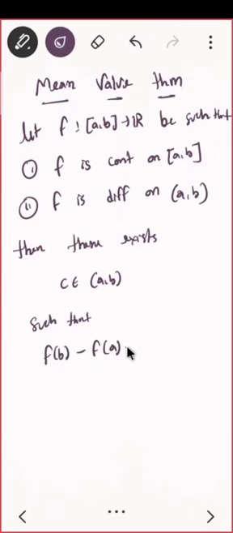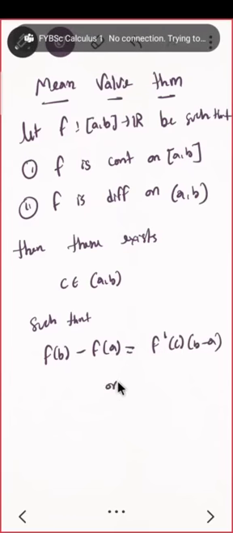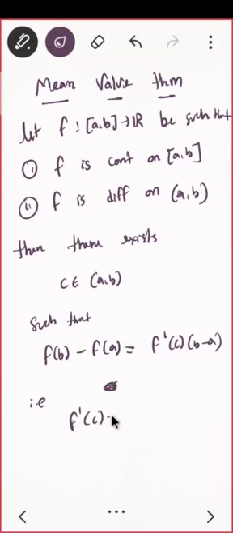I prefer this one, it is nicer. f of b minus f of a is the same as f dash of c into b minus a. This is what the statement of the theorem is. Correct?